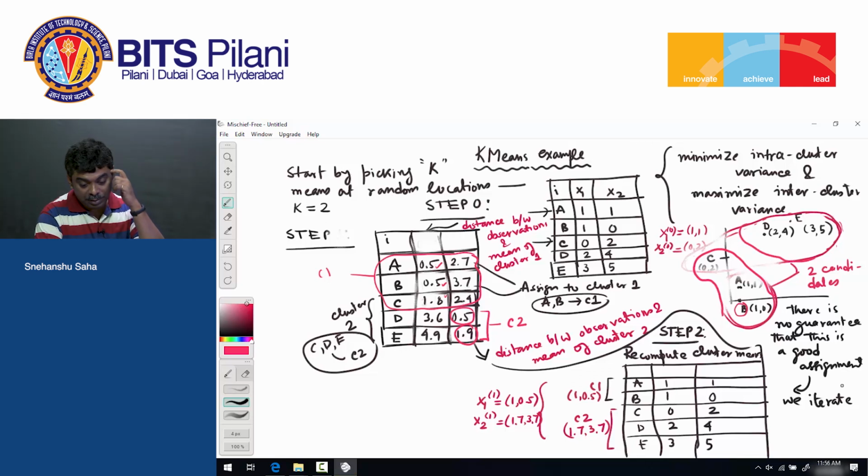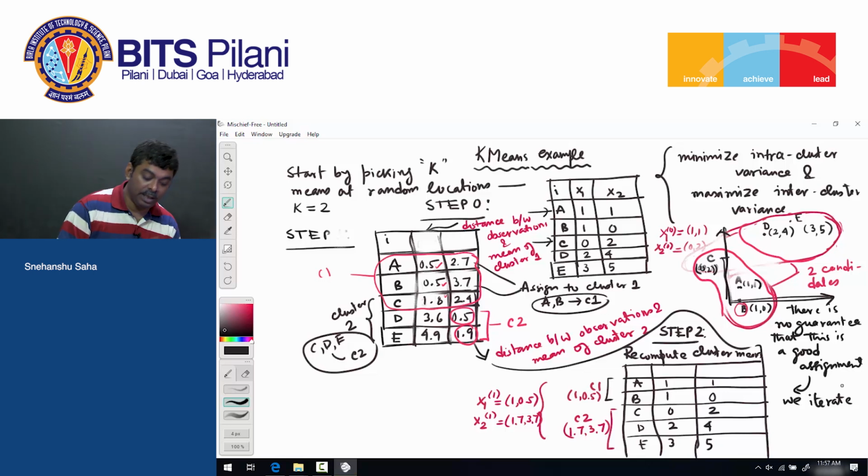I have new clusters with A, B, and C, and D and E. Your new cluster now has 3 data points: 1, 1, 1, 0, and 0, 2. The other cluster has 2 data points: 2, 4, and 3, 5.